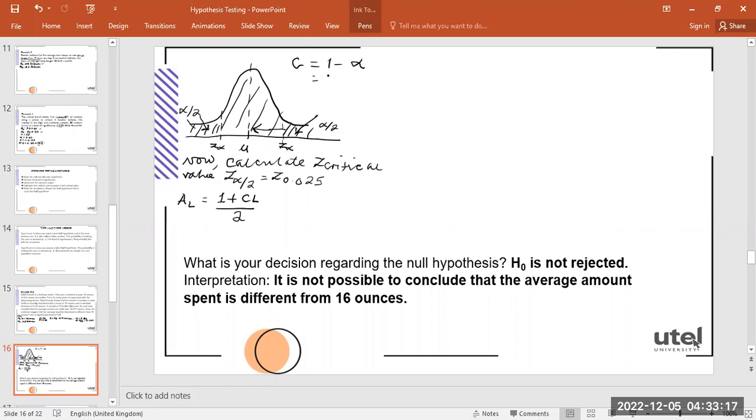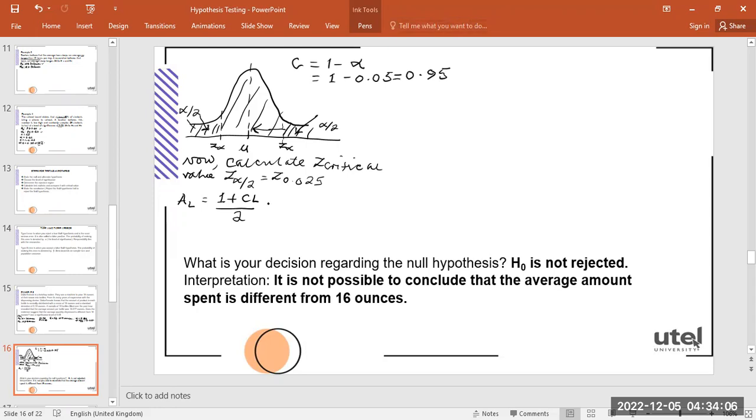So our confidence level in this case will be 1 minus 0.05, which gives us 0.95.